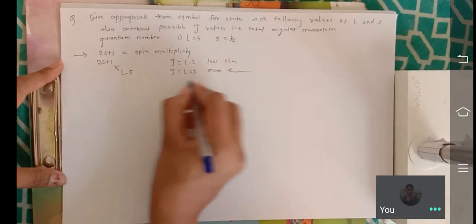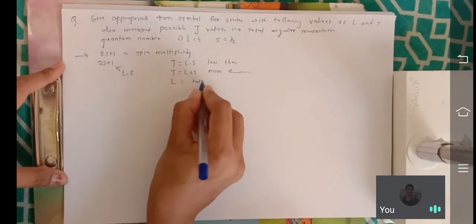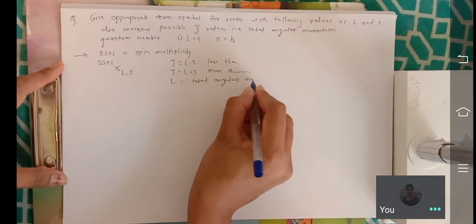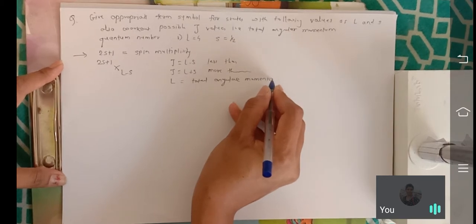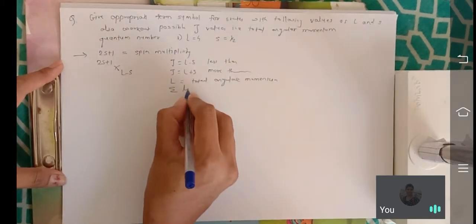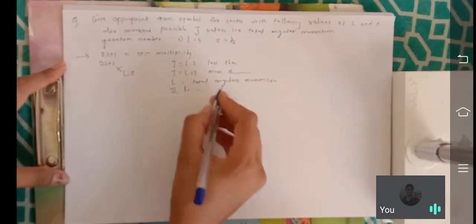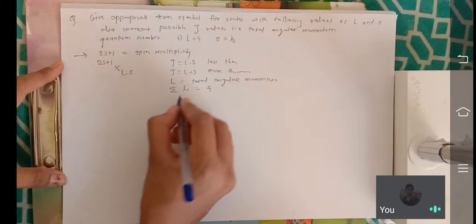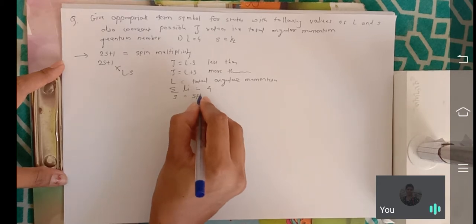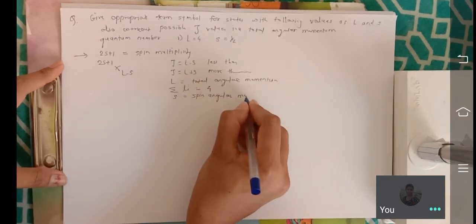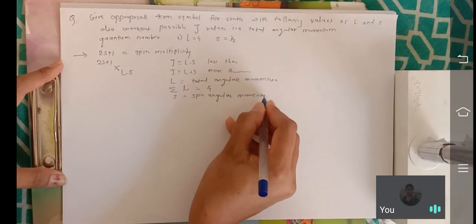L is total angular momentum, summation of Li. Here L is equal to 4, so summation of Li is 4. S is spin angular momentum.